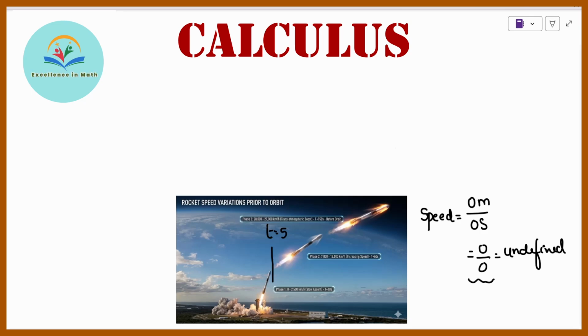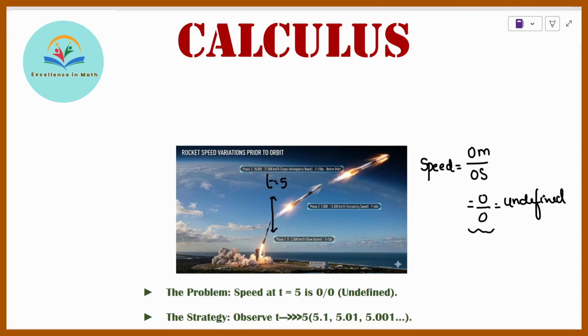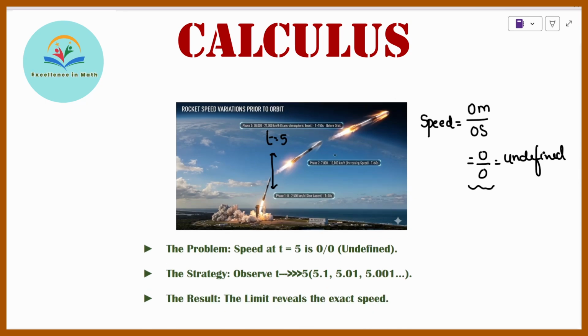Here we need a strategy to find the speed of this rocket at this particular point. So now we need to use this strategy that is called limits. Limits help us to find the speed of this rocket in the close neighborhood of t = 5.